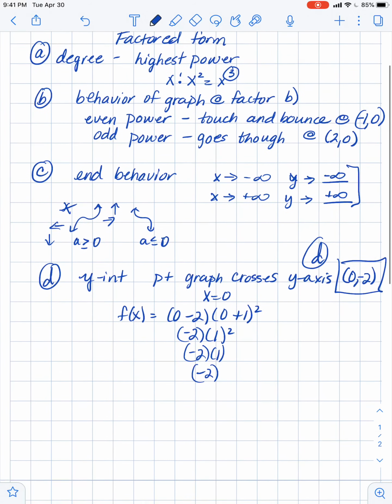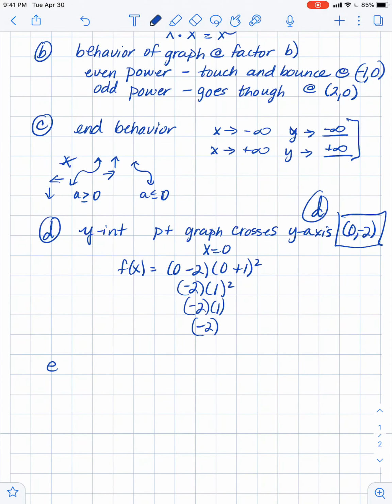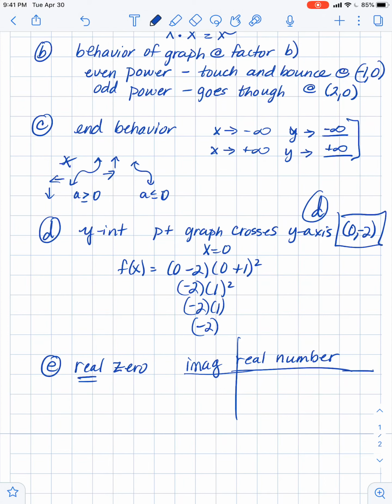Okay? E. Again, E asks for the real zeros. Guys, real numbers. Let's talk about what those are. You got two different types. You got real and you got imaginary. Your real numbers, guys, are basically any number you can think of.